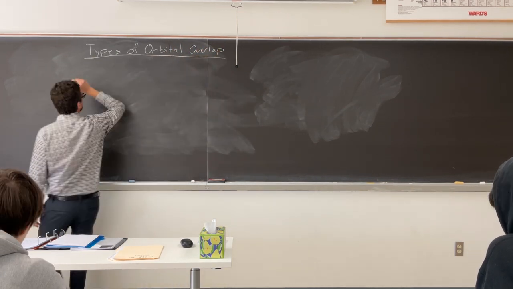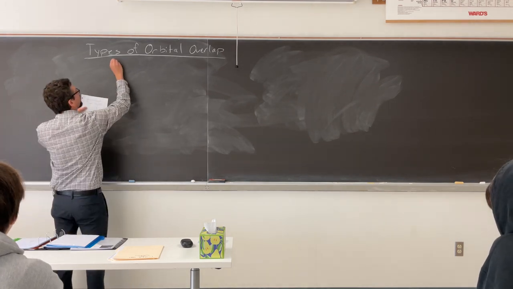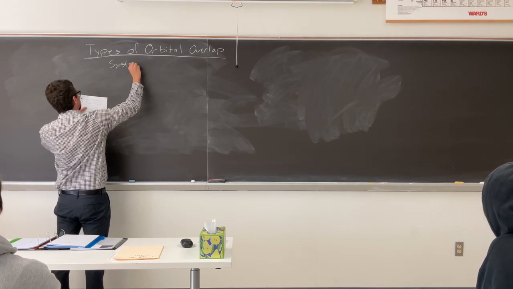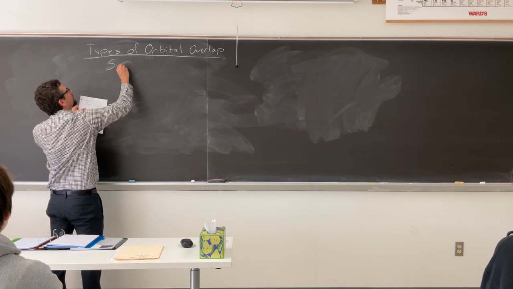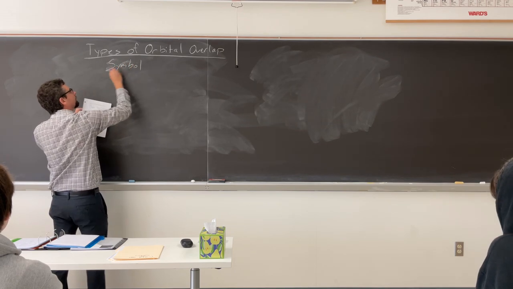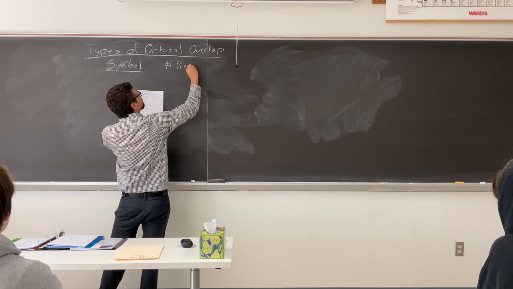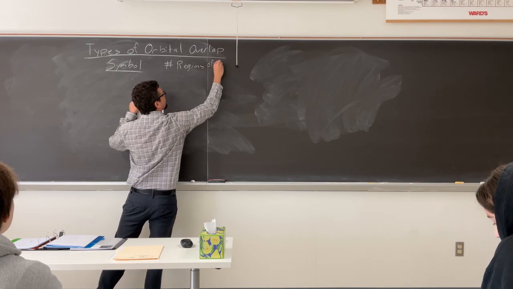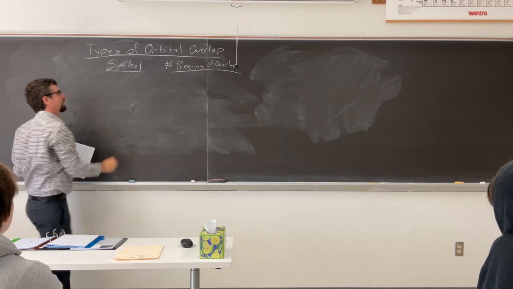Then we had our cool little table here, where we had our system. Oh, sorry, stuck in thermodynamics from my last class. Symbol, and then number of regions of overlap. Okay, we had 4 symbols.